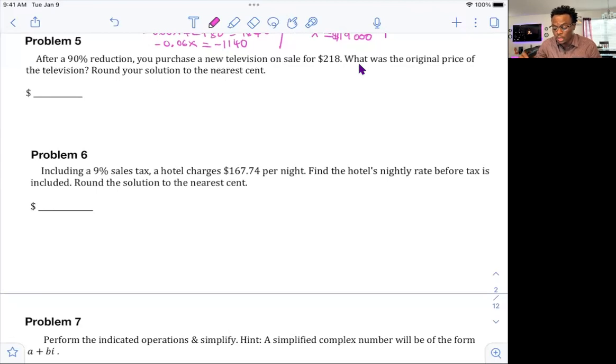What was the original price of the television? Round to the nearest cent. So the original price of the TV is what this problem wants you to solve for. So let X be this original price.